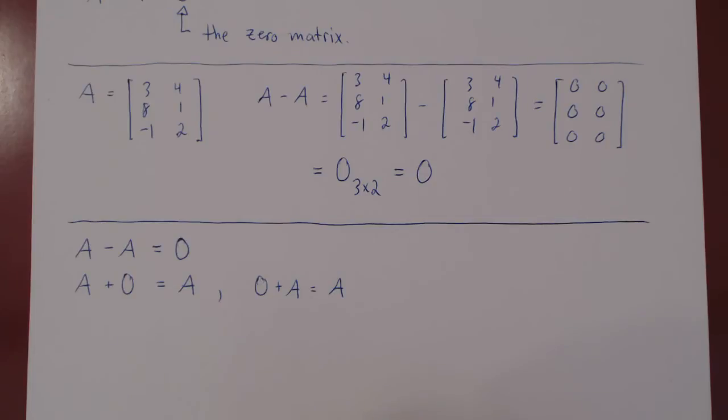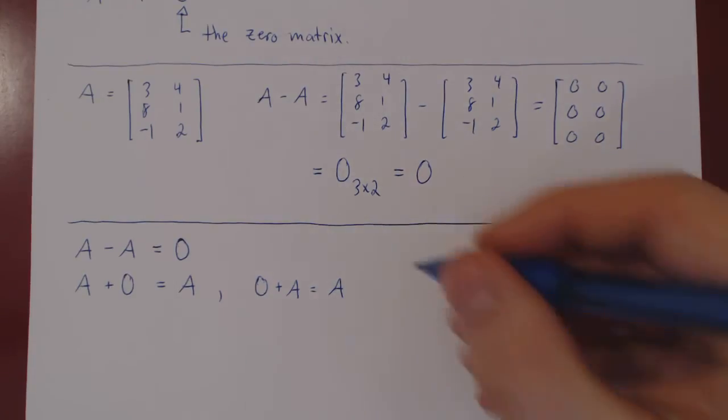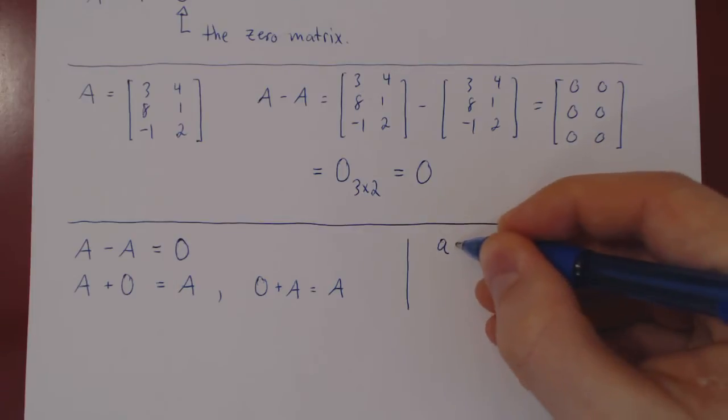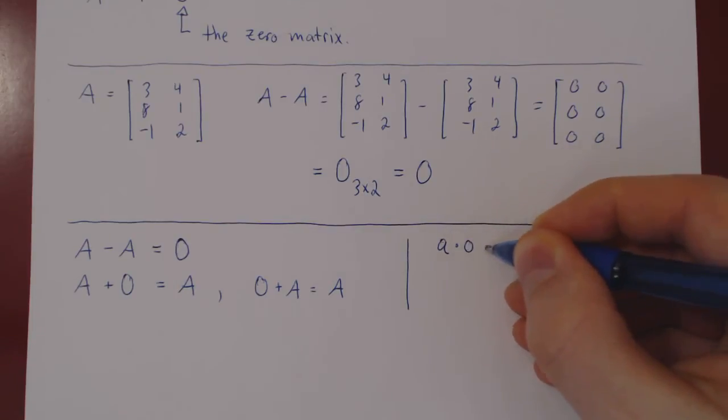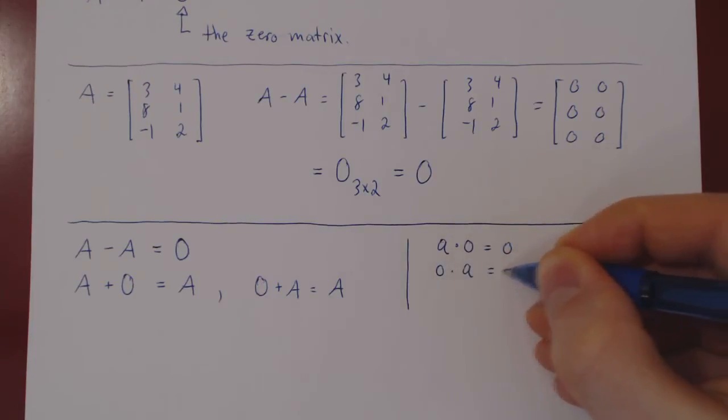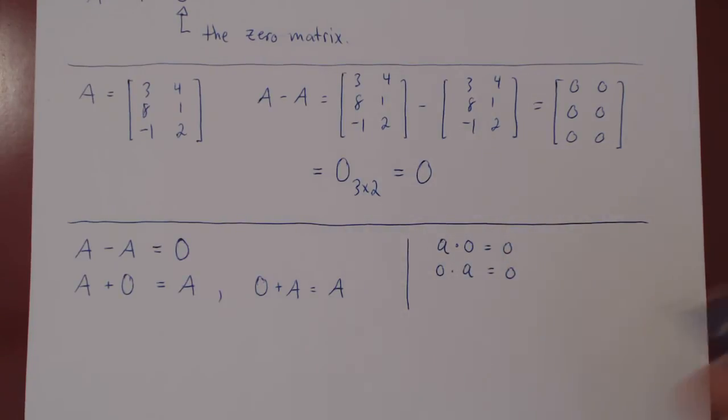One last property. What if you have square matrices of the same size in 0 and A, and you multiply them together, right? If lowercase a was a real number, then lowercase a times the 0 real number equals 0, and 0 times the real number also equals 0. Well, this is also true of matrices.